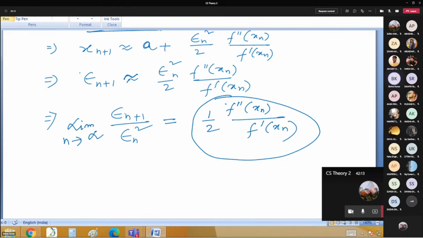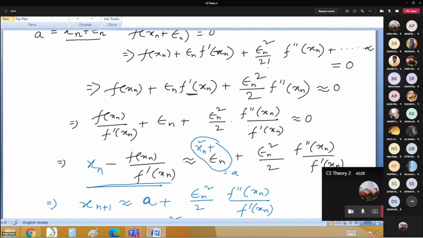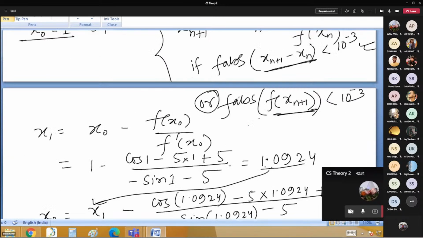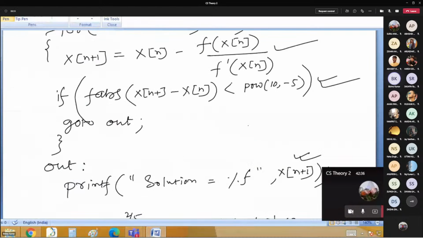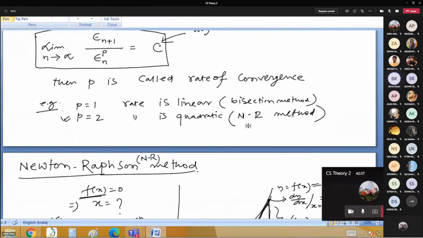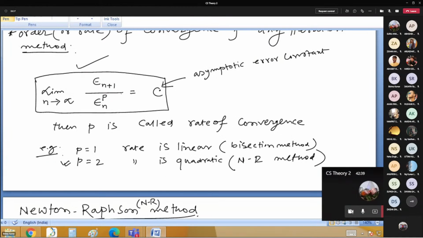And this is the recent iterated error term, and the previous iterated error term is epsilon n. Here you are getting the power 2. So just check along with this previous step what definition I told you. Can you see this?